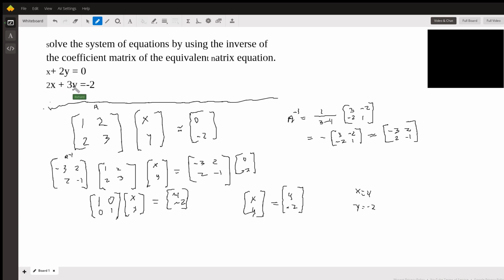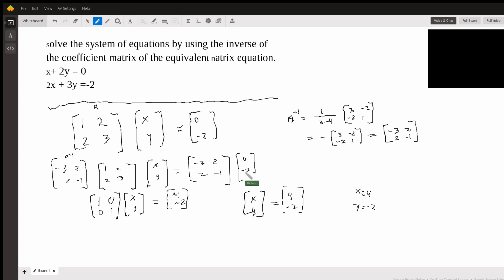Yes, 8 minus 6. Sorry, I copied that wrong. I have a sign error here. I didn't see the negative there. It got squished. So I apologize for that.